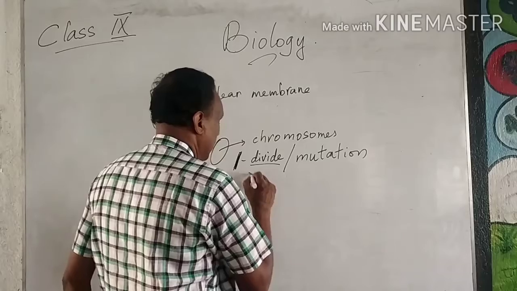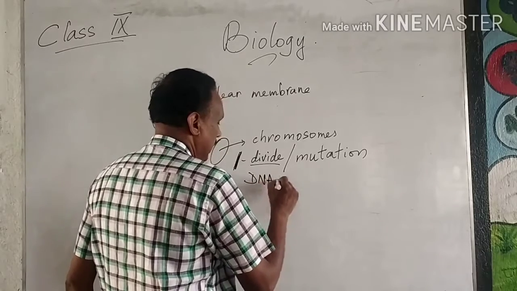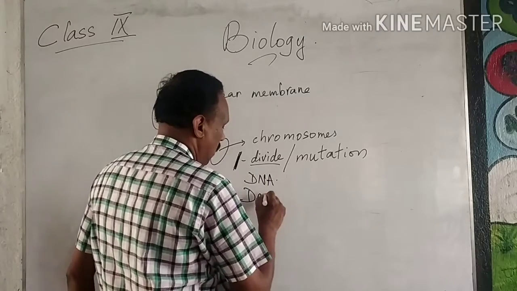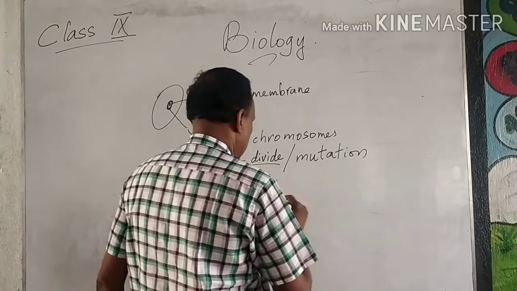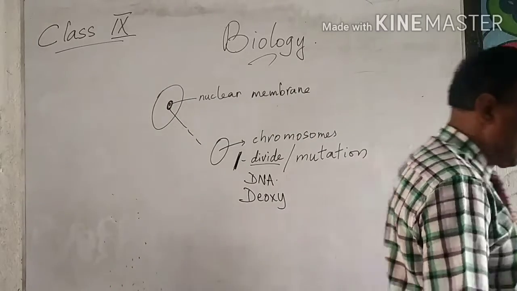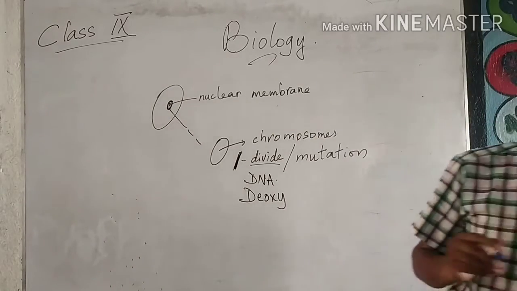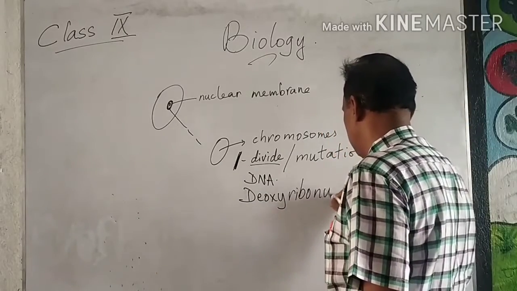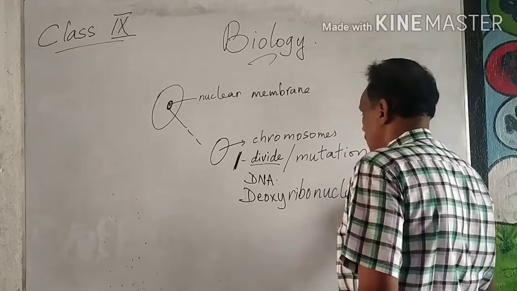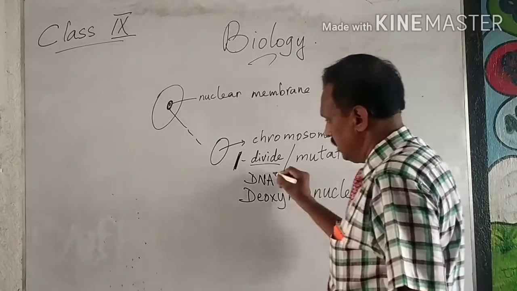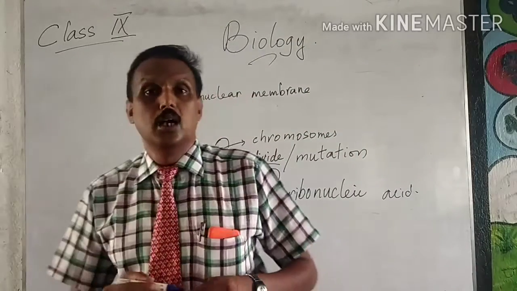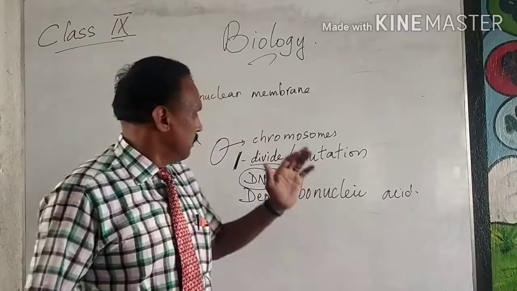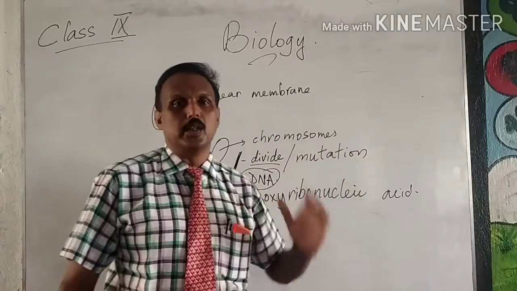And what do they contain? They have DNA. DNA is deoxyribonucleic acid. This DNA is the one which passes characters from the parent to the offspring.